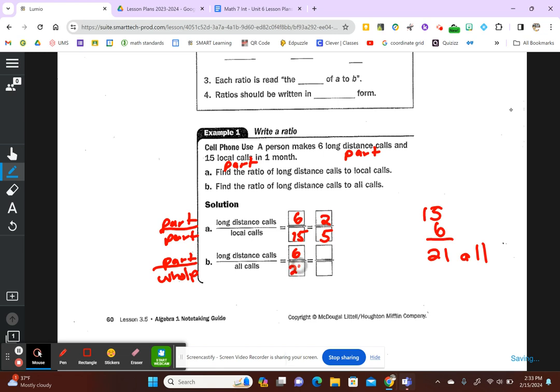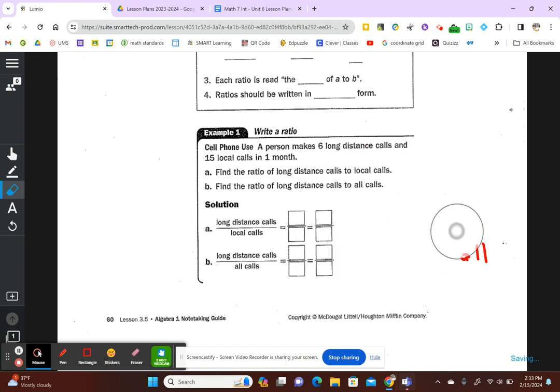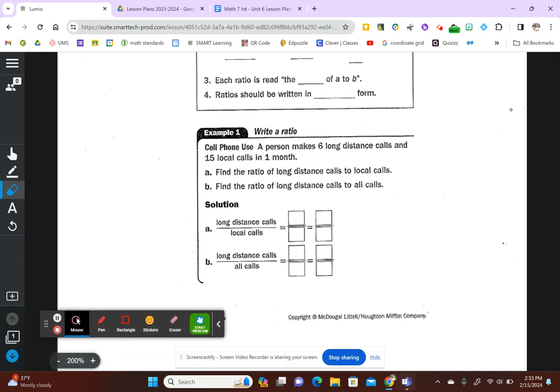So this is 6 to 20, or 3 over 10. Okay, so again, we always simplify, and we also differentiate between part to part and part to whole. So I always want you to think about it. Is this a part to part or a part to whole ratio? And I have to move this. Okay.